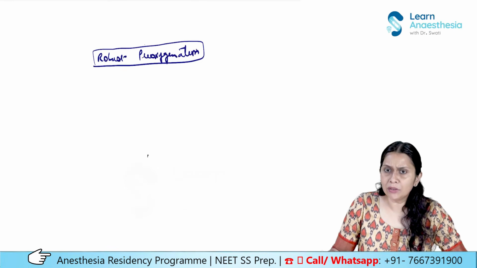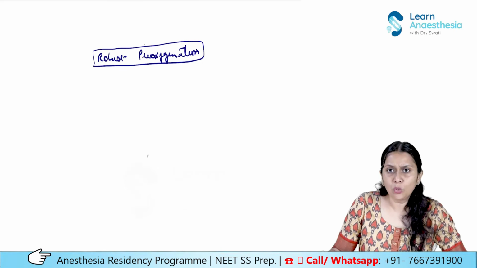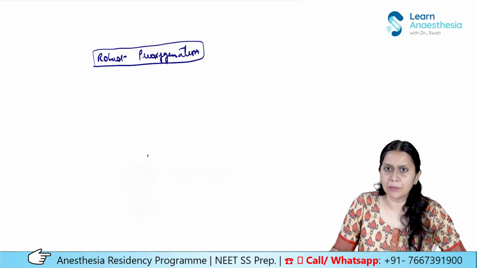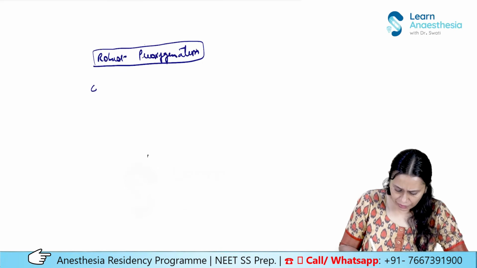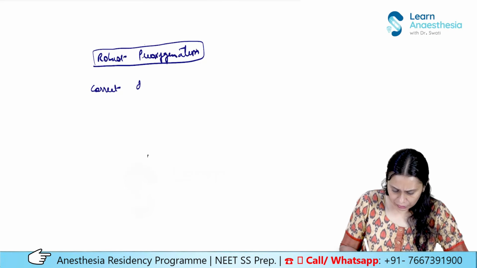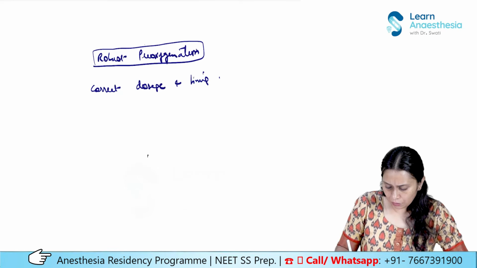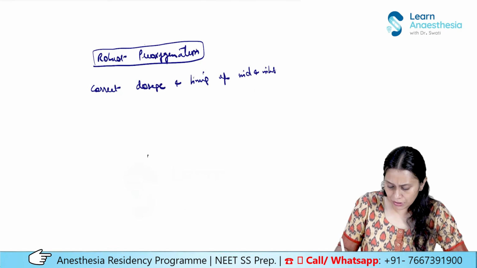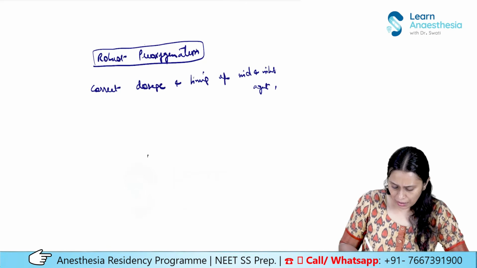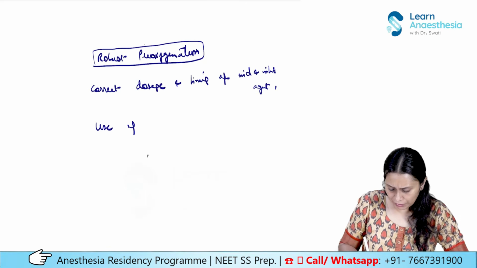Then the second important thing for the success of RSI is the right dosing of the drug, given in a timely manner. So correct doses and timing of induction and intubating agents, that is the paralytic agent, and the use of video laryngoscope.